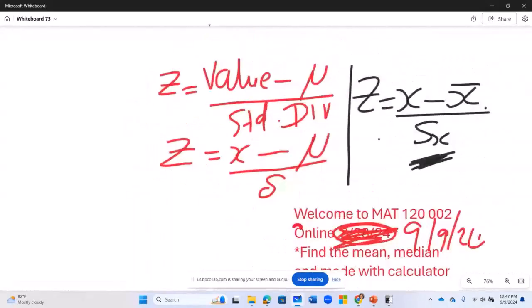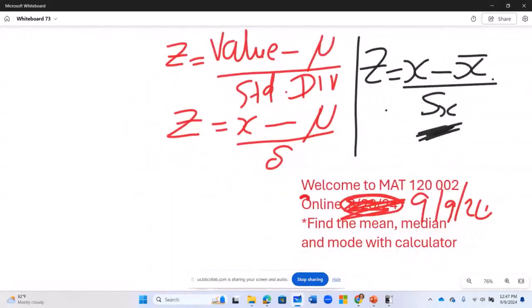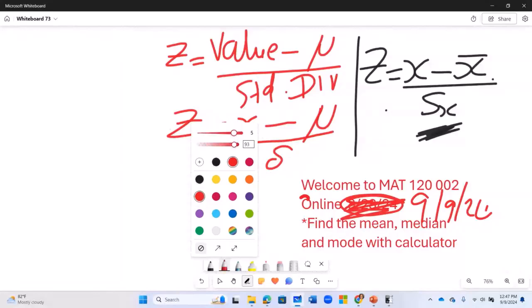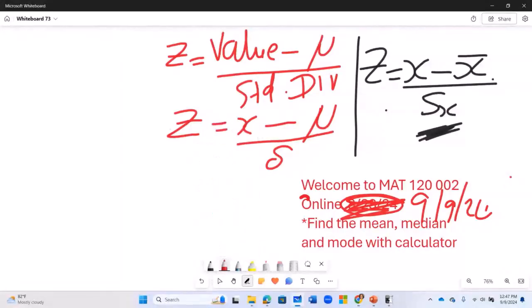If I'm told or I know that the data is a population, then I will use parameters. So the mean mu is a parameter. Sigma here is a parameter. So you have to make sure you know which one you're doing.